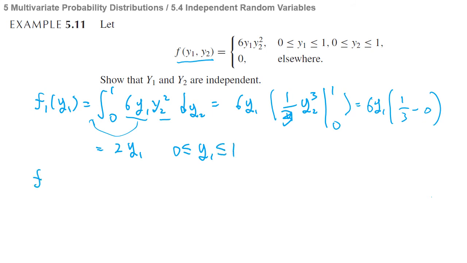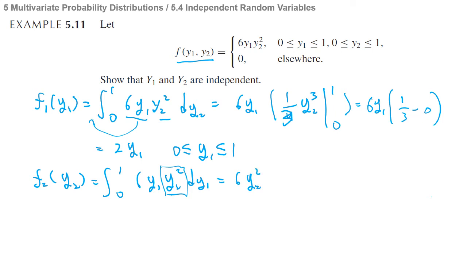Okay, what about f2(y2)? We integrate with respect to y1 this time, dy1. This time 6y2 squared is not dependent on y1, so it is constant, and we integrate y1, which is 1 over 2 y1 squared from 0 to 1.